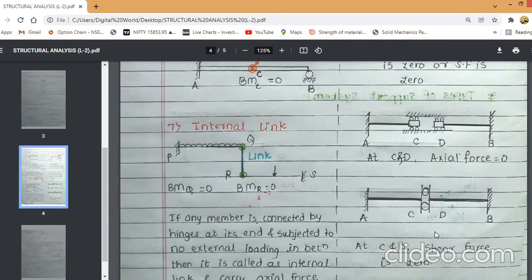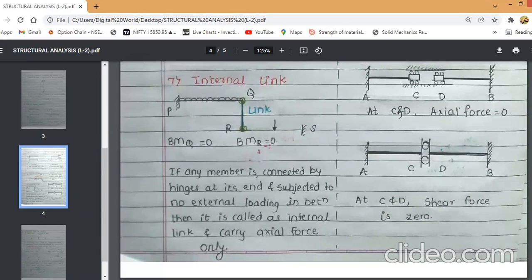Then next type of the support is internal link. If any member is connected by hinge at its end and subjected to no external loading in between them, then it is termed as the internal link, and internal link carries the axial force only.